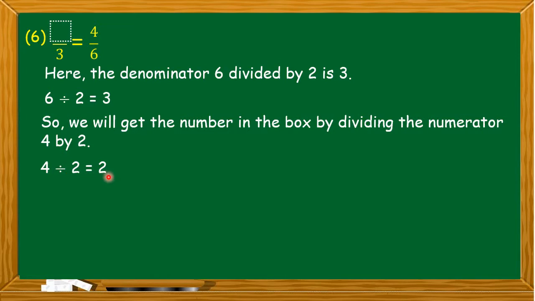So, we write 4 divided by 2 upon 6 divided by 2, which is equal to 2 upon 3. Hence, we get 2 upon 3 is equal to 4 upon 6.